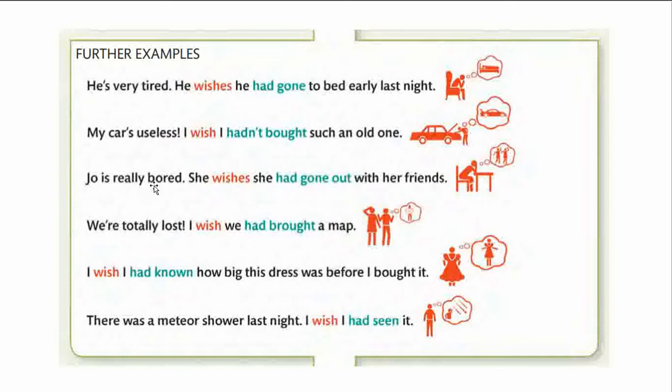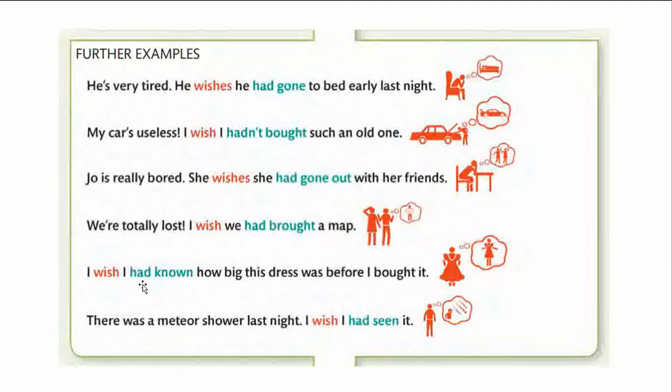Jo is really bored. She wishes she had gone out with her friend. Past perfect. We're, A-R-E, A is replaced with an apostrophe, A is removed. So we're totally lost. I wish we had brought a map. Had brought is past perfect.